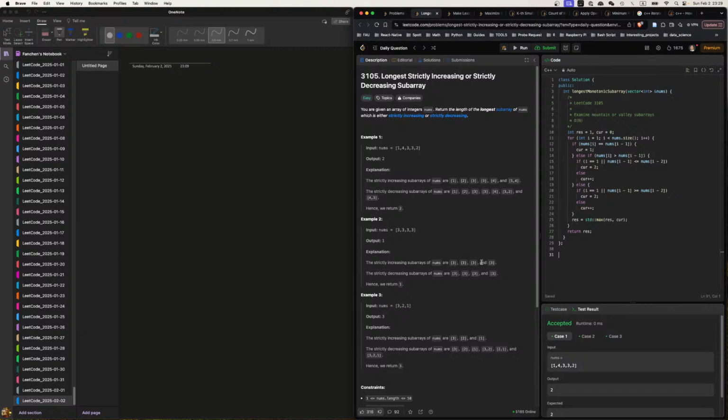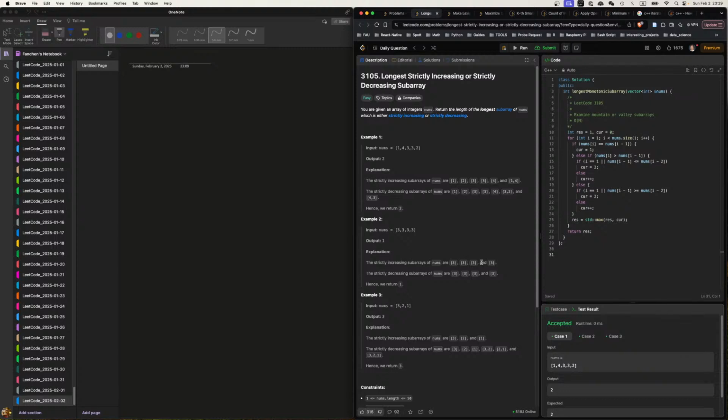Yeah, let's go through this one more time. If it's equal, then you basically reset. Well, we agree, right? If it's equal, it doesn't really matter what happened before, you just have to reset. If it's not equal, then I need to check the previous one, right?